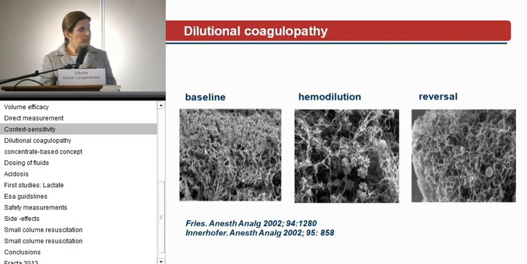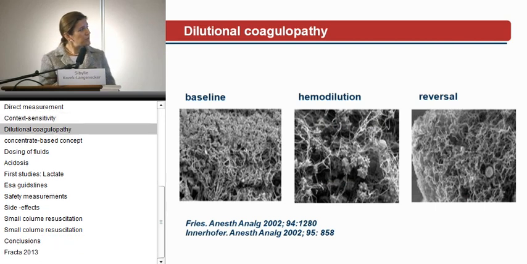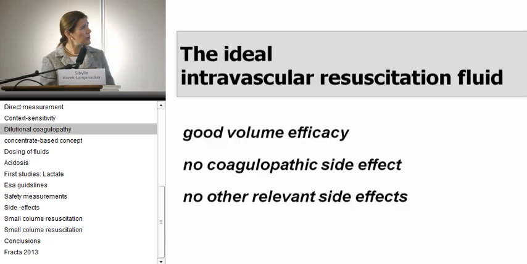So after infusion of fluids, you may end up with a clot that is very weak and cannot withstand the bloodstream. This is dilutional coagulopathy. So the ideal fluid in this setting should act intravascularly with a good volume efficacy, but it should have, ideally, no coagulopathic side effect, and of course other side effects should be absent as well.